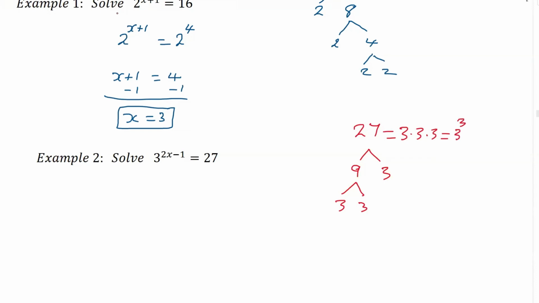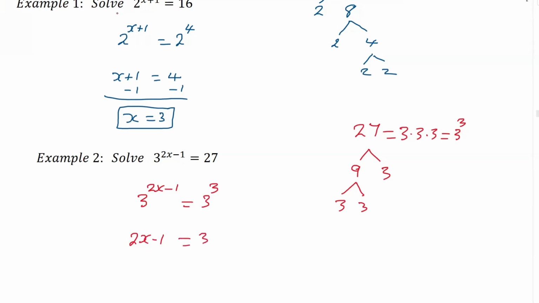So if you rewrite the equation, then it becomes 3 to the 2x minus 1 is equal to 3 to the 3rd power. So now we argue again that the bases are the same, so the exponents have to be equal. So we're going to set the exponents equal to each other. And so you get 2x minus 1 is equal to 3.